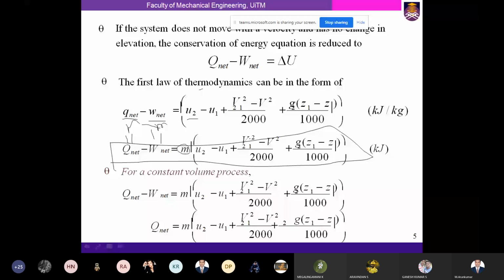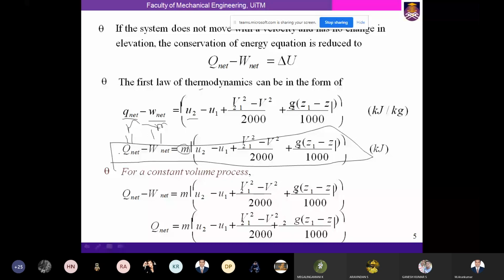There is an error here: it should be V2 square minus V1 square, and g into Z2 minus Z1. That is the change in kinetic energy and the change in potential energy. So this is the energy equation.